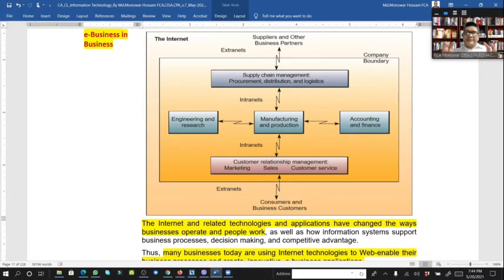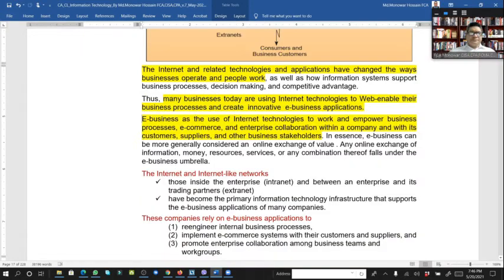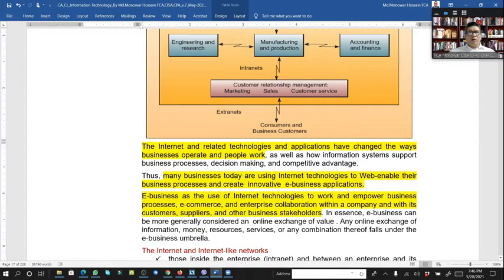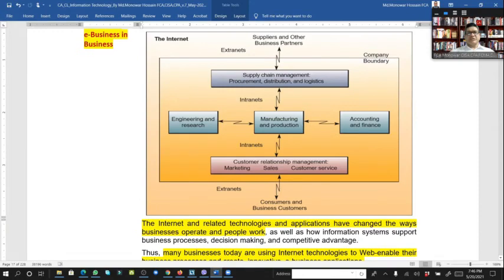That's why in IT, if you want to draw a picture for each and every answer, we can integrate it all here, within this picture.